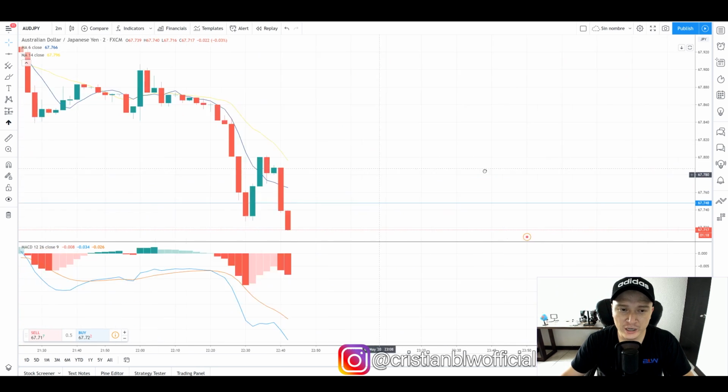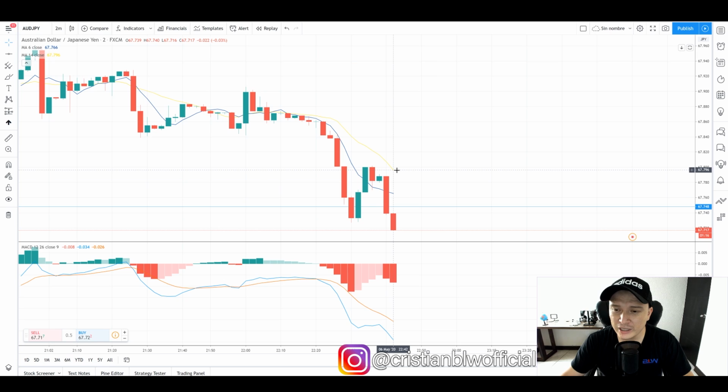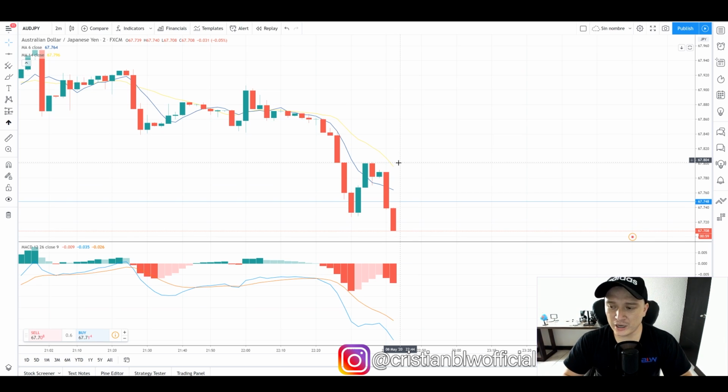So therefore, this call signal is going to be profitable. So this tells me that within the next 3 or 4 candles, the MACD is going to cross and we're going to have an opportunity here. Let's just wait for a couple of minutes. Obviously, I'm cutting this video so that we don't have to wait. But I'm just going to wait until the next 2 candles and see if it changes its direction.